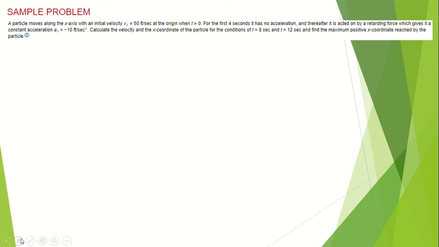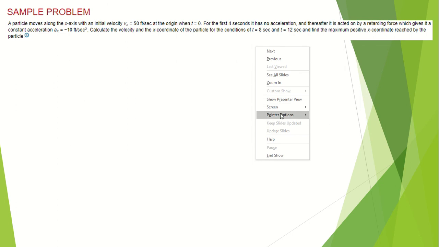For the first 4 seconds, it has no acceleration, and thereafter it is acted on by a retarding force which gives it a constant acceleration a sub x equal to minus 10 feet per second squared. Calculate the velocity and the coordinate of the particle for the condition of t equal to 8 seconds and t equal to 12 seconds.